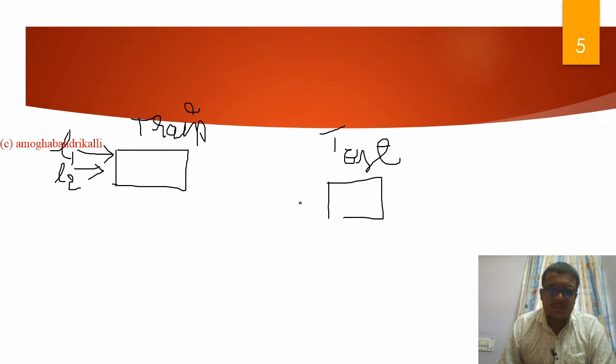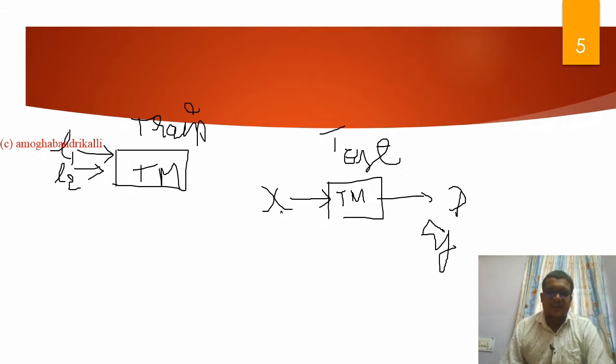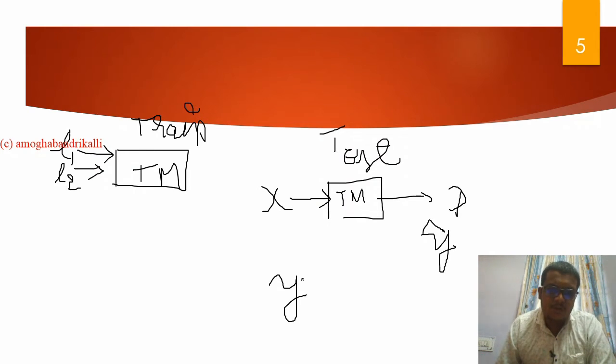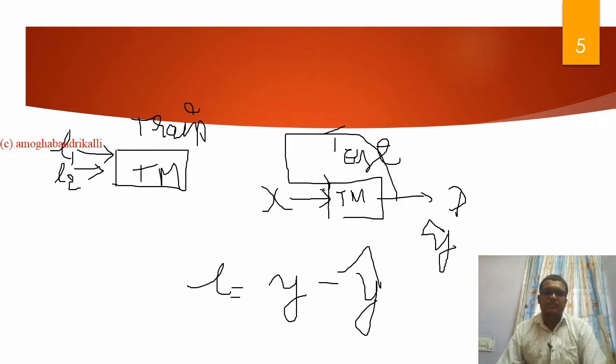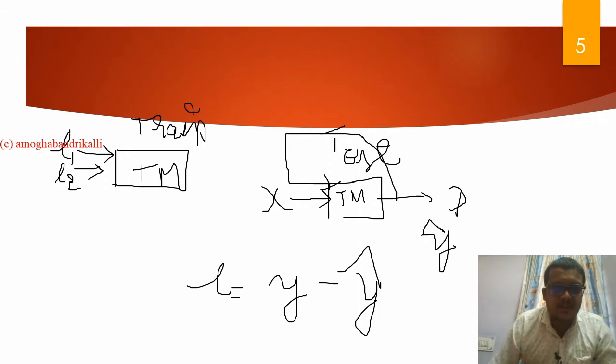Once the system is trained, this trained model will generate a prediction. The prediction we will call y dash for a new data x. Again you compute the loss, y minus y dash. Based on this, it is fed back. This is training, and then testing happens.